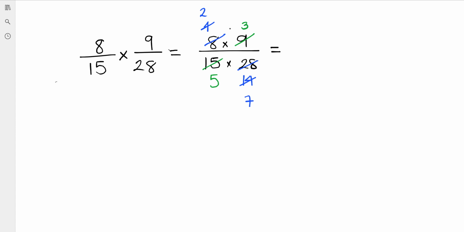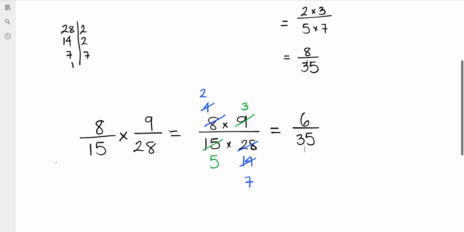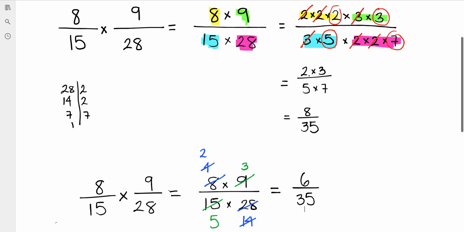So what is left? 2 times 3, which is 6, over 5 times 7, which is 35. And if I look up, I have a mistake here, 2 times 3 is 6, it's not 8, right, girls? So there you go, 6 over 35 and 6 over 35. I will continue doing more examples in the next video.